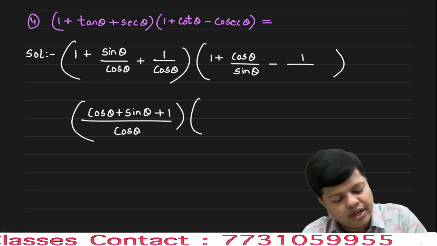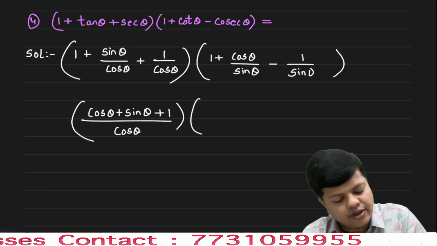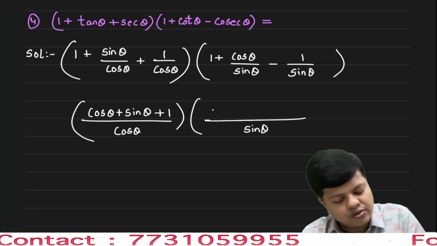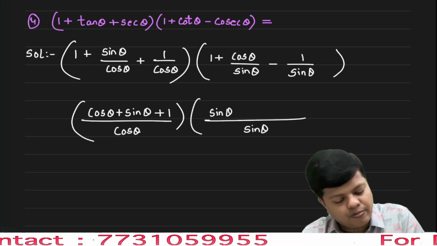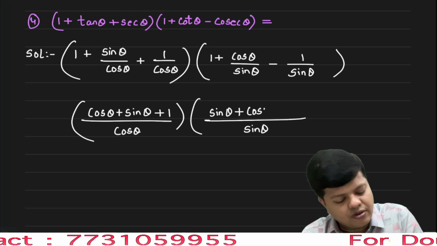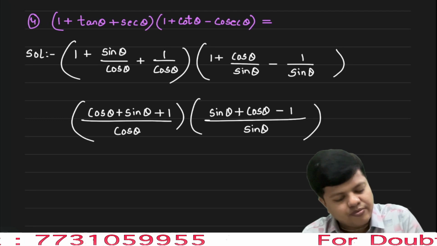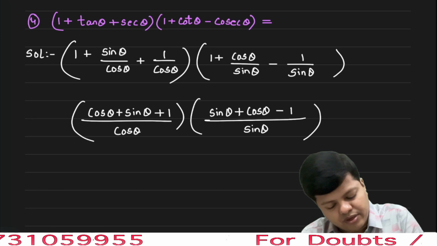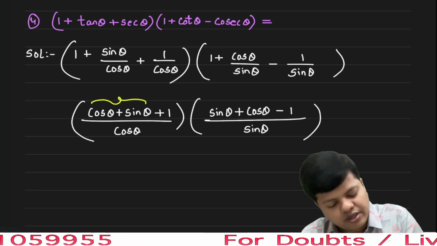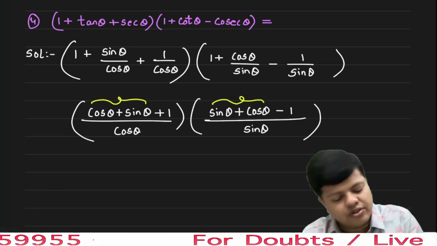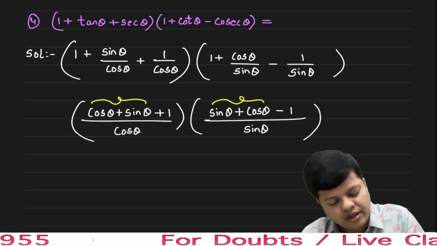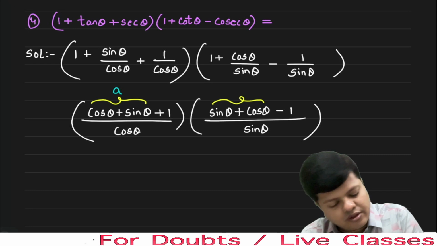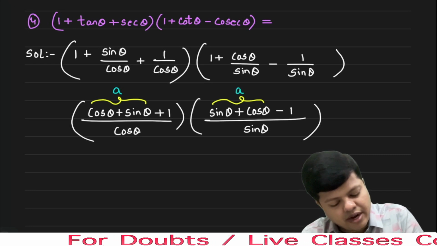Cosecant theta is 1 by sin theta. Okay, so here if we take LCM sin theta, so sin theta plus cos theta minus 1. Now if you see, student, which I am just marking like this, this is in the form of, this is like A, this is A, and 1 is like B.